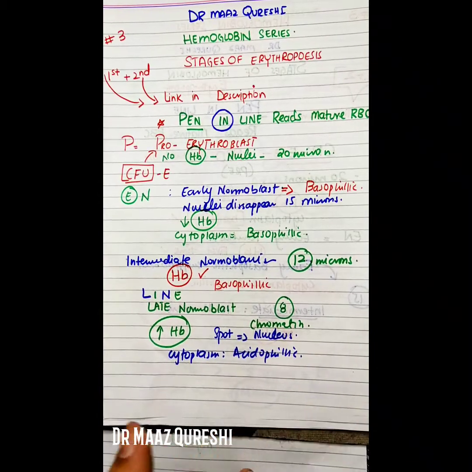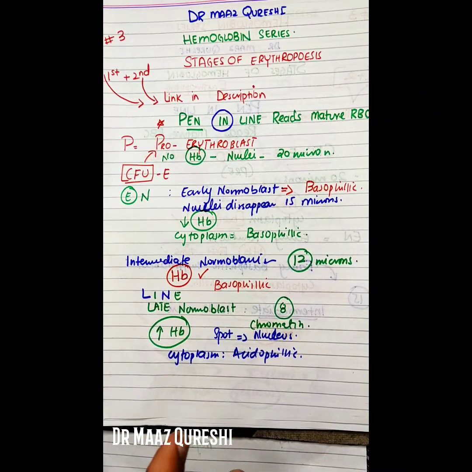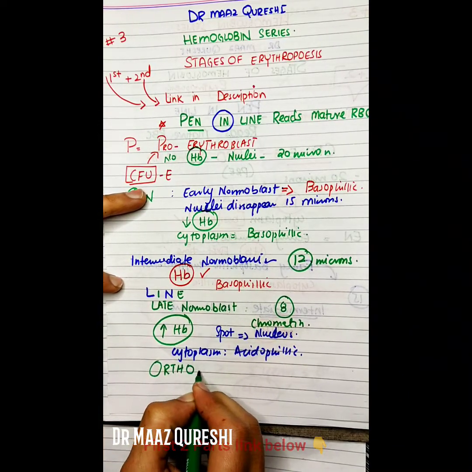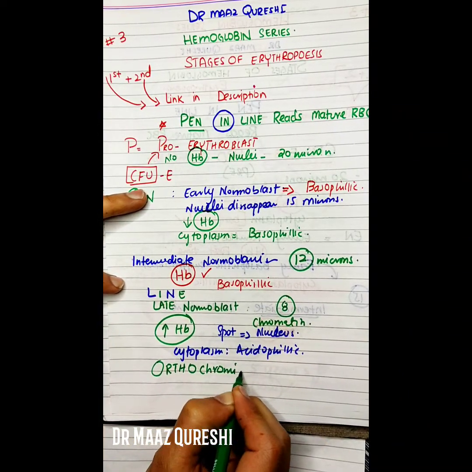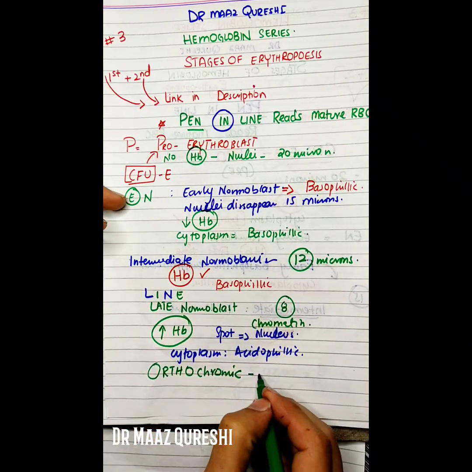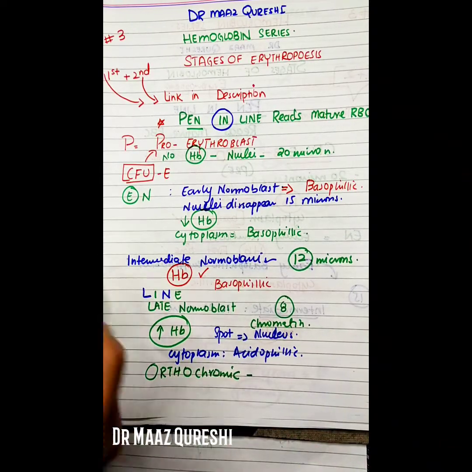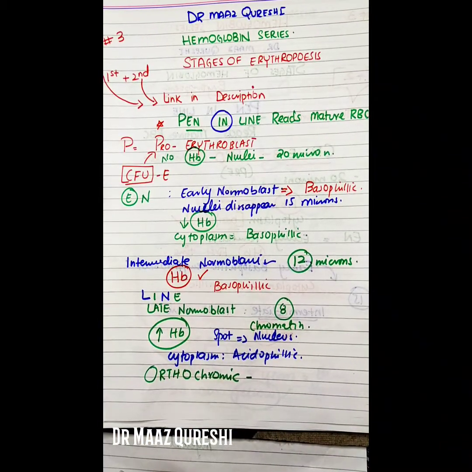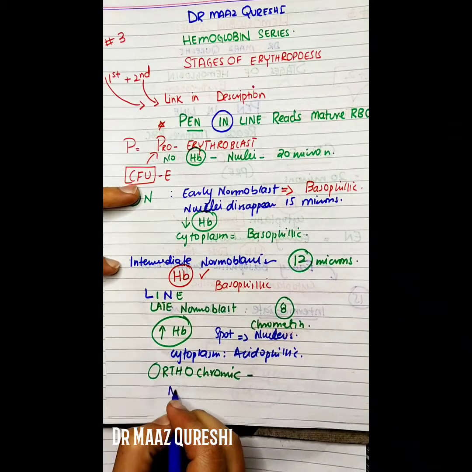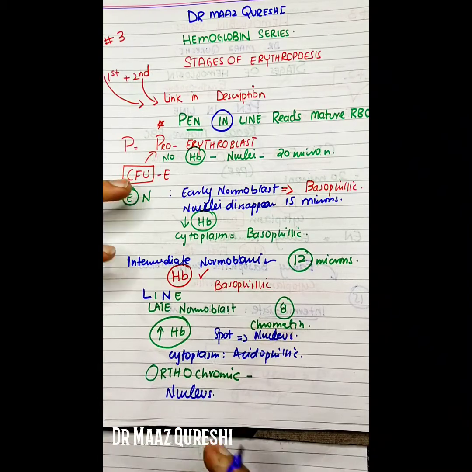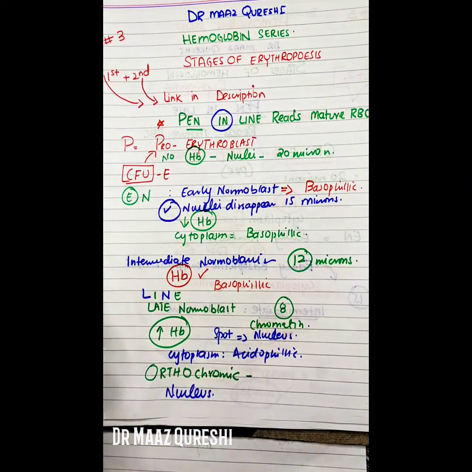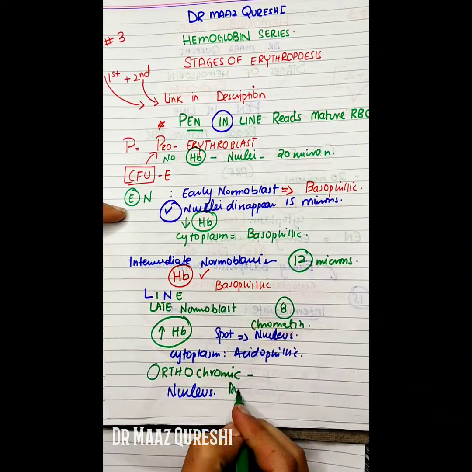So we can call this erythroblast an orthochromic erythroblast, not the basophilic. And before the next stage appears, the nucleus disappears.